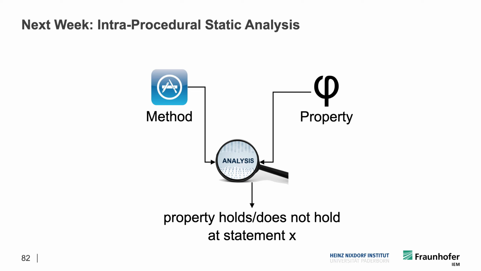And then I will tell you about different ways in which we can determine whether this property holds or does not hold at any given statement in that method. And there are different ways to do this, and one particular way is to do this using so-called type systems, and this is what we will be talking about first in the upcoming week.